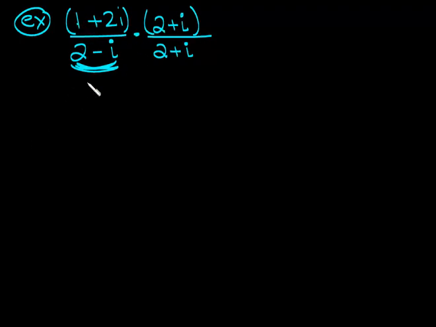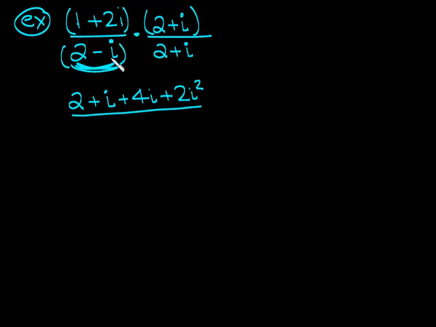So we get 1 times 2 is just 2. 1 times i is just i. Then we get 2i times 2 is 4i. And then 2i times i is plus 2i squared, divided by, now here's where you have to use some of the knowledge that we've already accumulated in this class.